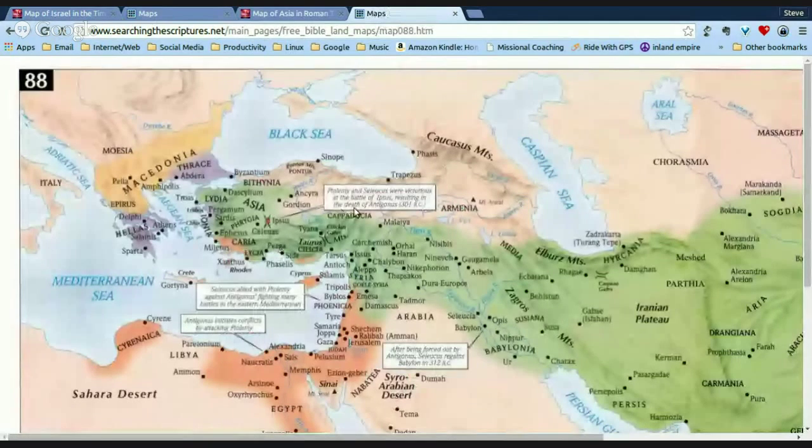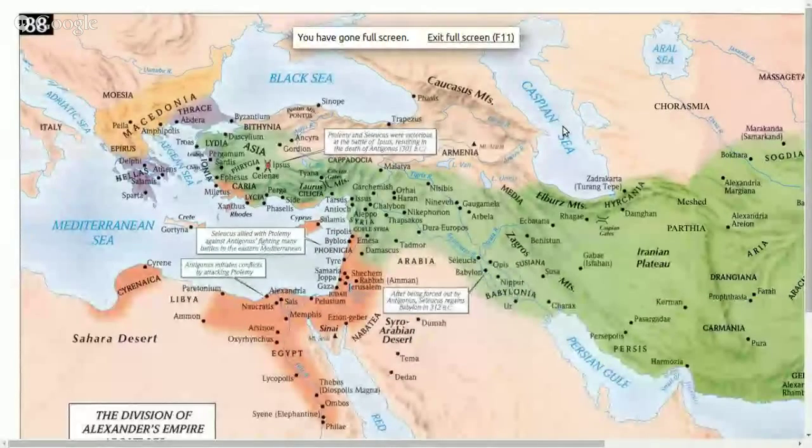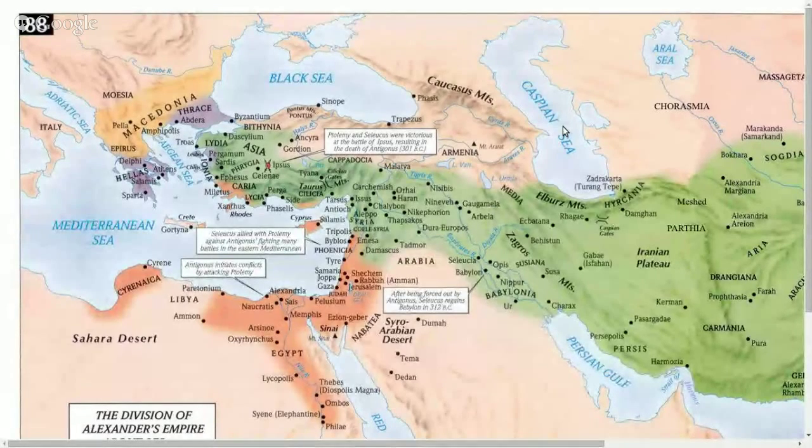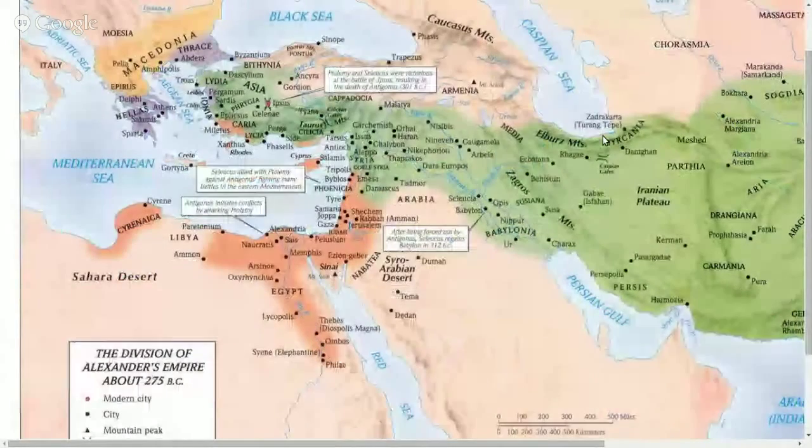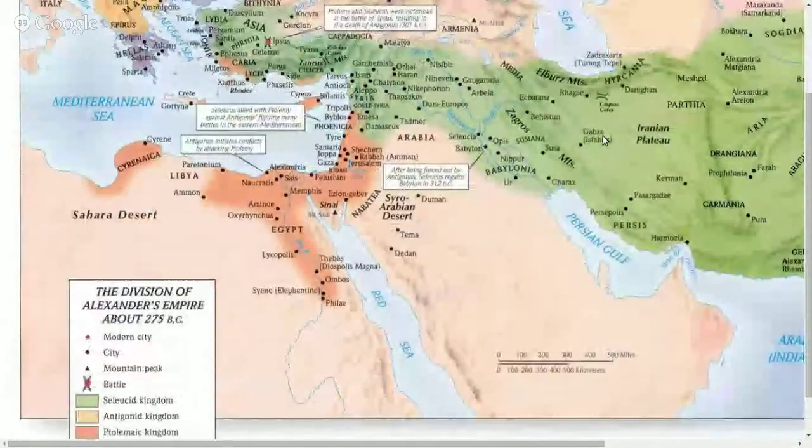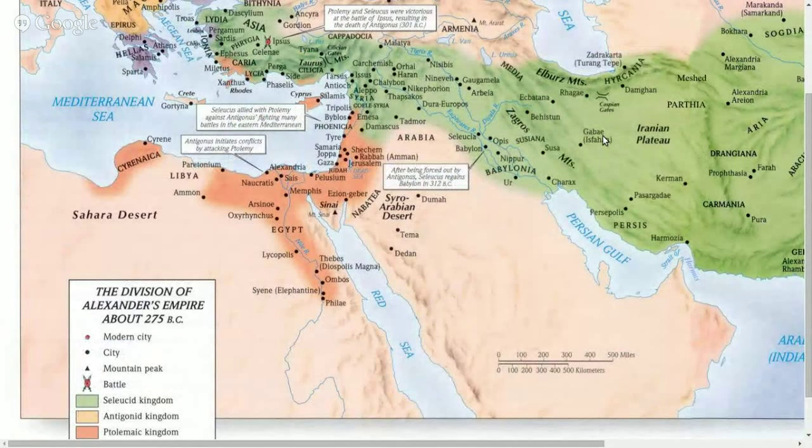But what we'll do is we'll look at this map first, this map of the division of the Greek Empire after Alexander the Great. And if you remember from our reading, there's two groups of people that are significant for biblical studies in the intertestamental period, that is the period between the Old and the New Testaments.